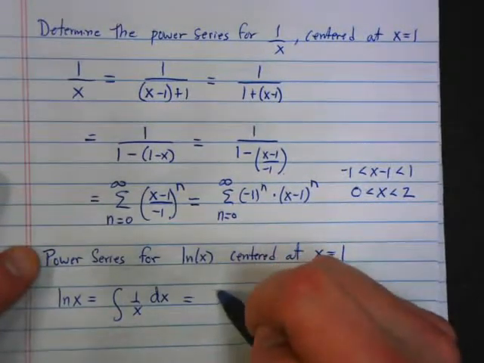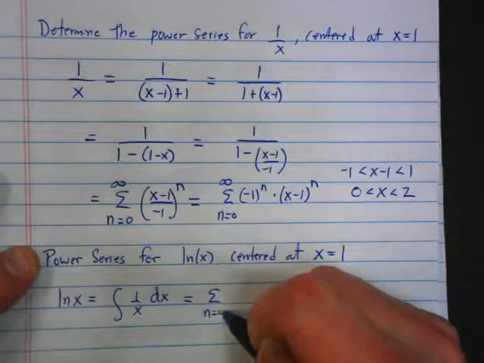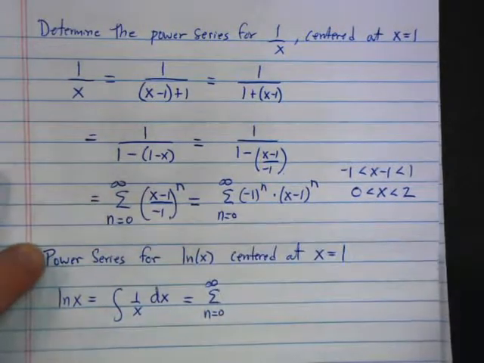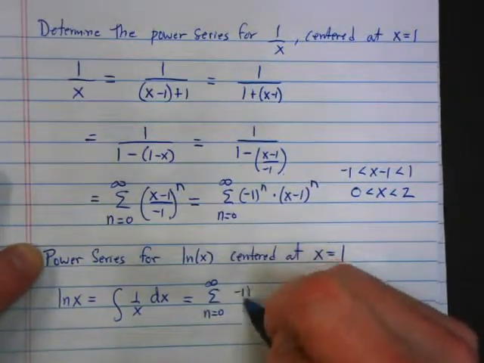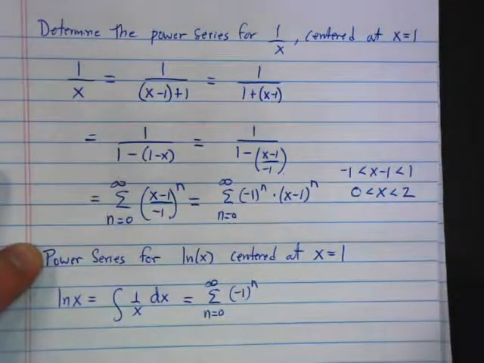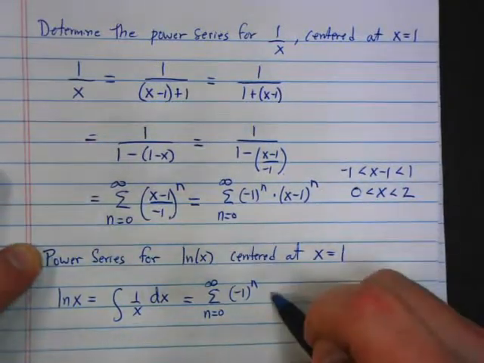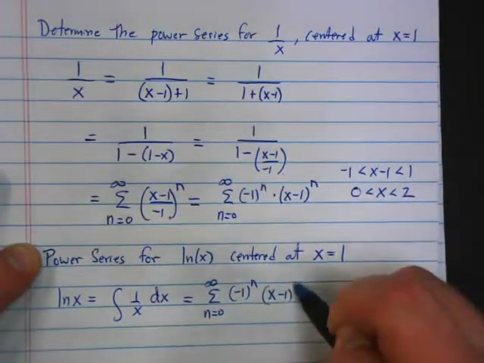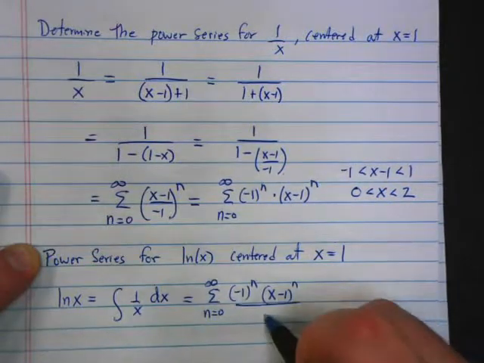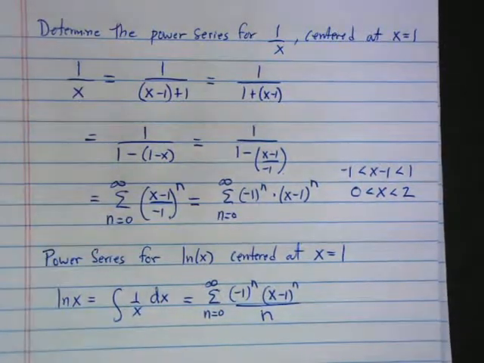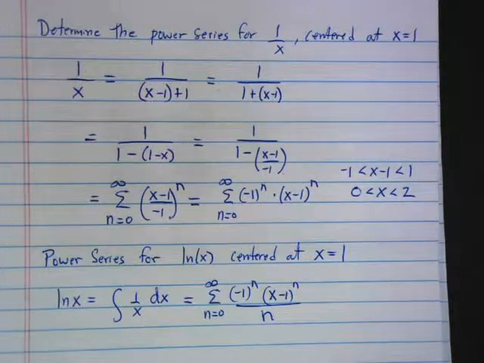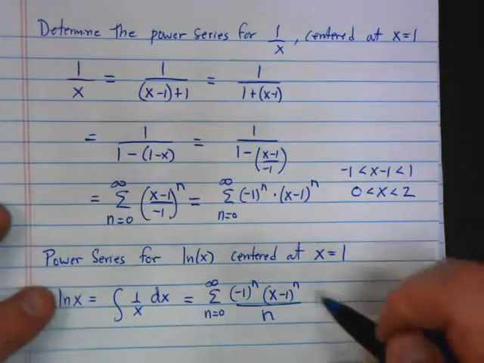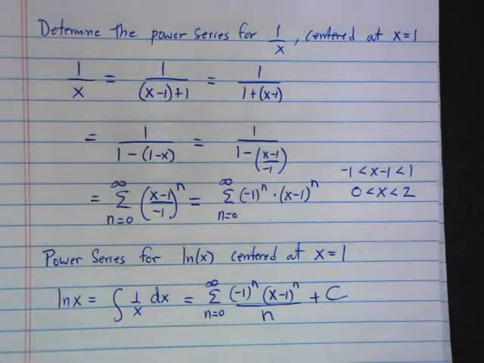That's going to be the sum from n equals 0 to infinity of negative 1 to the n, I add 1 to my power, x minus 1 to the n divided by n. Charles isn't going to remind me this time, apparently. Plus c.